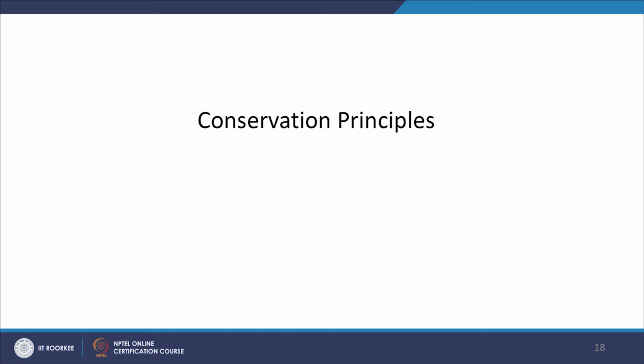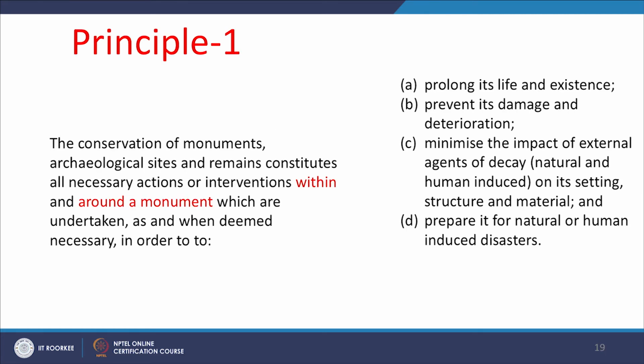Conservation principles. In principle one, we talk about not only the building or a monument itself, but also the area around the monument, because a lot of rich evidence does exist there. Number two is that the surrounding nature, the urban form or the built environment should also complement this heritage environment.